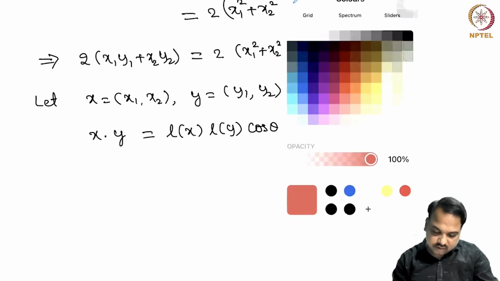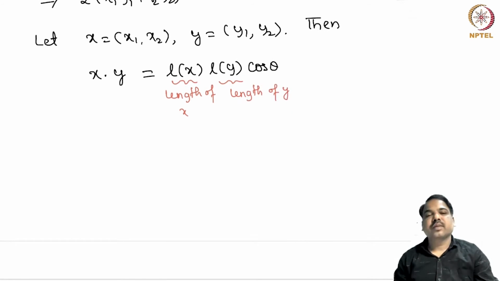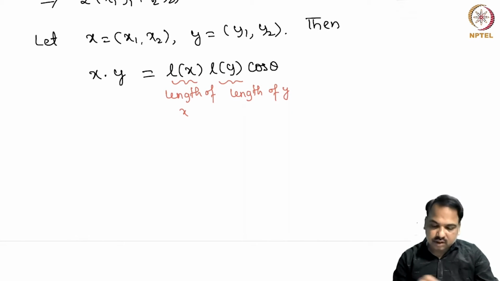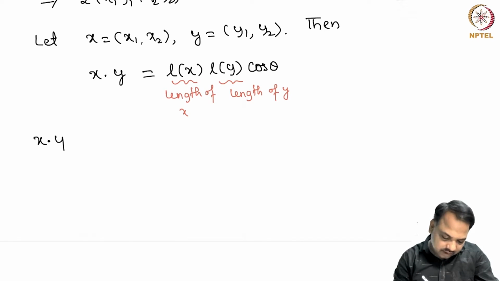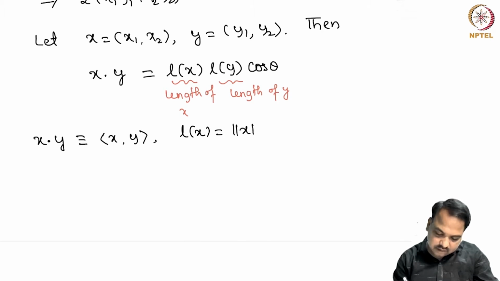So the first one is the length of x and this is the length of y. Okay, so let us slightly change the notation again. Instead of x dot y, we write this as bracket xy, and this length of x is the Euclidean length, called the Euclidean norm, which we will be discussing at a later stage.